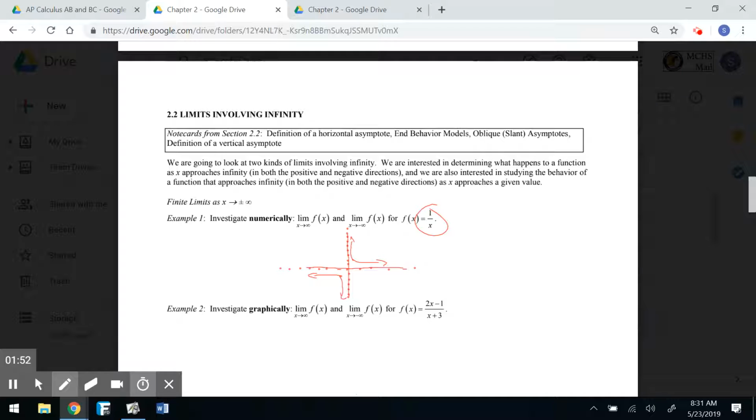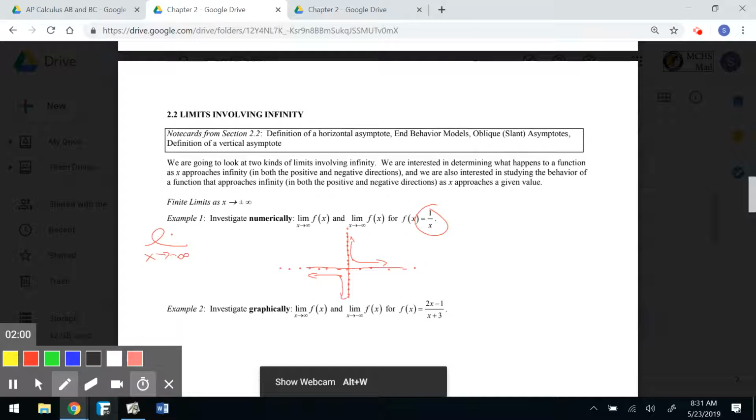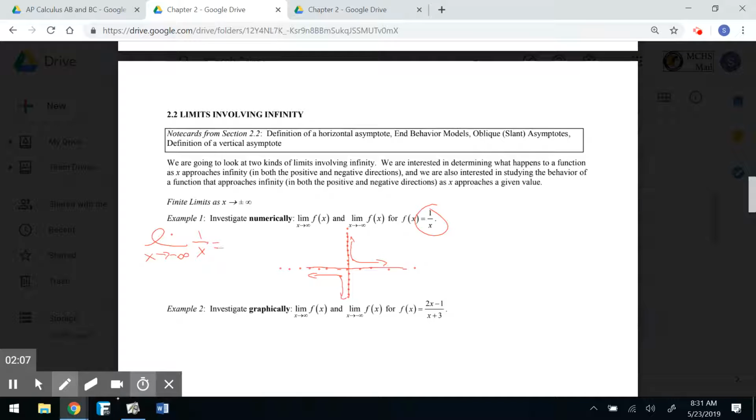So we're going to investigate this, but this time we're not going to investigate it as x approaches a specific value. We're going to investigate it as x gets really big or really small. In this case, let's investigate it as x gets really small. And as x gets really small, where does our graph go?